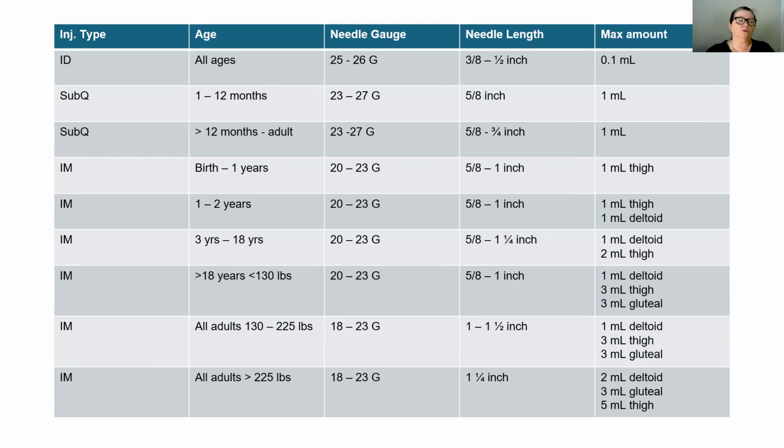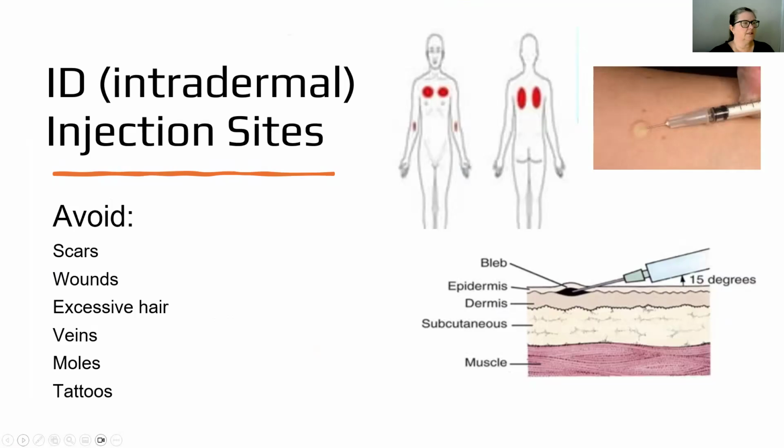But if you got somebody who is very large, then you may need 1.5 inches or 1.25 inches to go all the way to the muscle. That's why I say you have to just kind of look at the patient and decide. Use this as a guideline, absolutely. But take a look at your patient and decide. Okay. All right. So let's take a look at what these look like. So an ID or an intradermal injection.